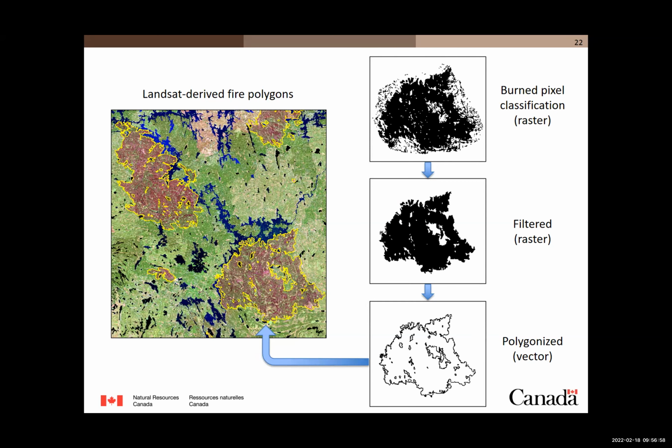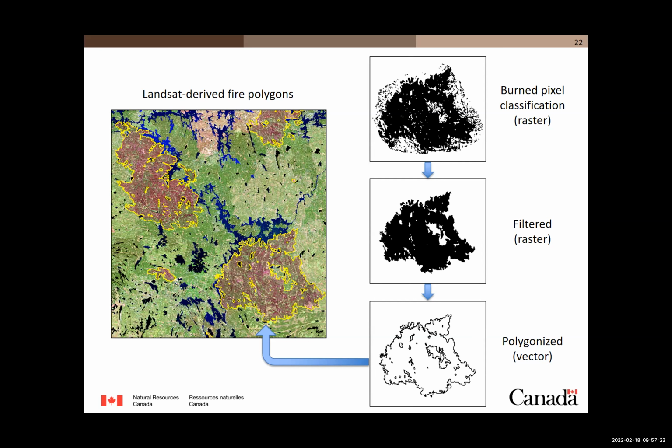But it looks messy. A lot of times that mess we call noise in the classification, and these are single pixels that get misclassified. It can be caused by a number of things, but a lot of times it's just anomalies in the image. What we do is run filters to clean up the noise until we get a more accurate looking burned area.